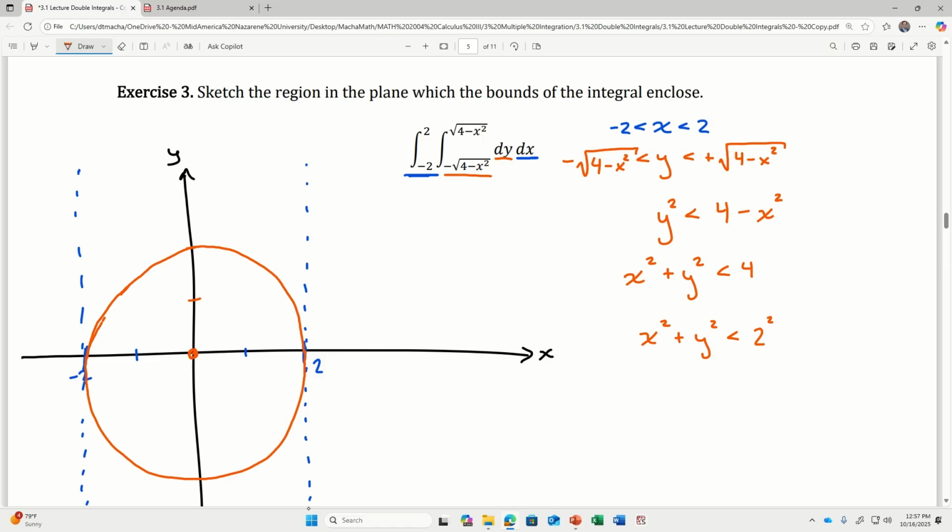So the region in the plane that the bounds of this integral are enclosing are inside this orange circle. It's this region. I would be integrating over this disk with radius 2.